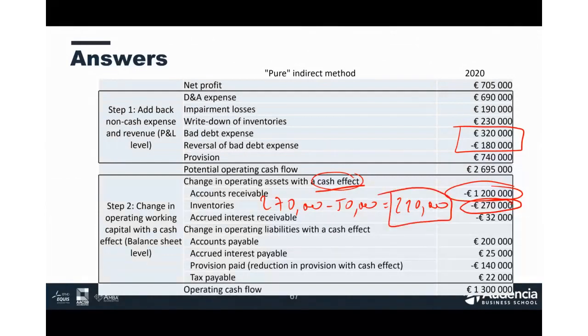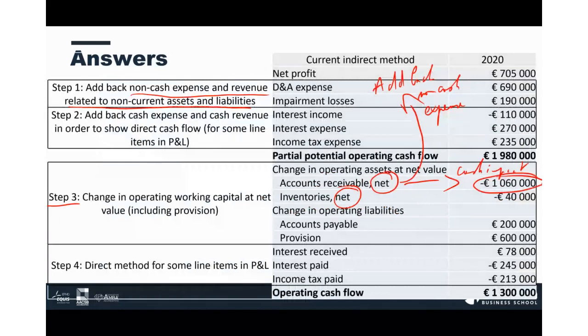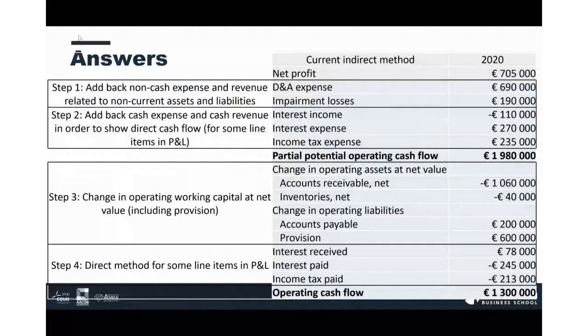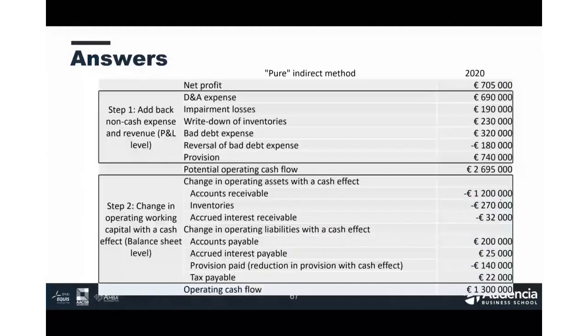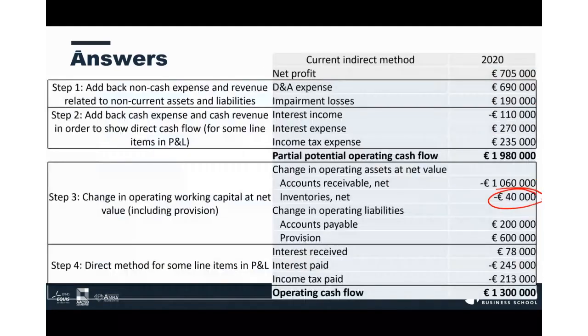But here you see you have only minus 40. In the minus 40, in fact, you have different things. You have the minus 270, but also the write-down of inventories, 230. The two together, plus 230 minus 270, we have minus 40,000. So with the second presentation, we could consider we spend only 40,000 for the increase in inventory, but it's false.